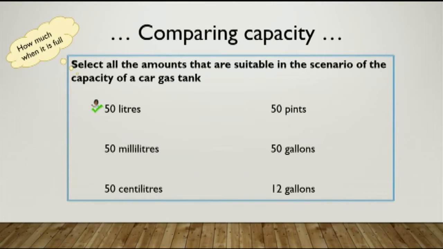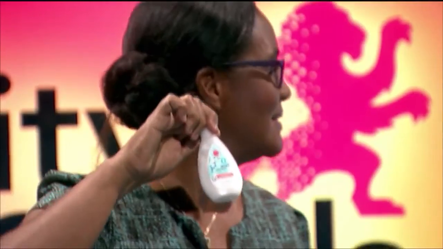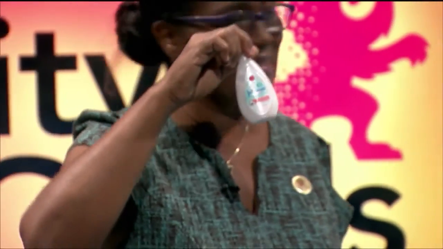Remember, capacity means how much when full. All right? 50 milliliters, remember what 5 milliliters look like? This is 50 milliliters. Would this be a gas tank? No. Okay, let me hold that up again. This is 50 milliliters. The centiliters would be 10 of this. We wouldn't have that either.